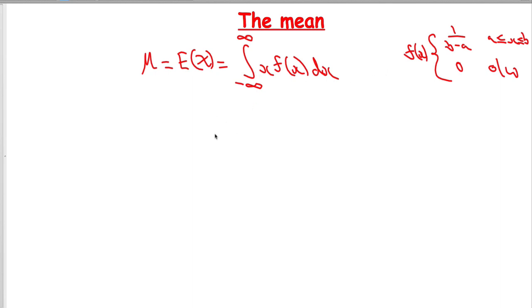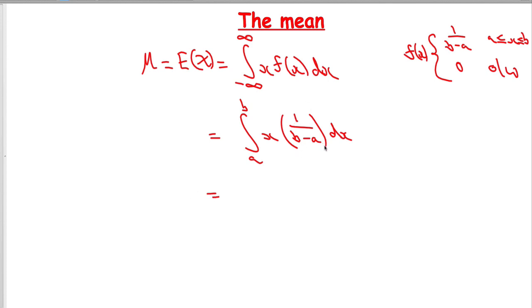So what we need to do is the integral between a and b of x times 1 over b minus a, because f of x is 1 over b minus a, and do that with respect to x.